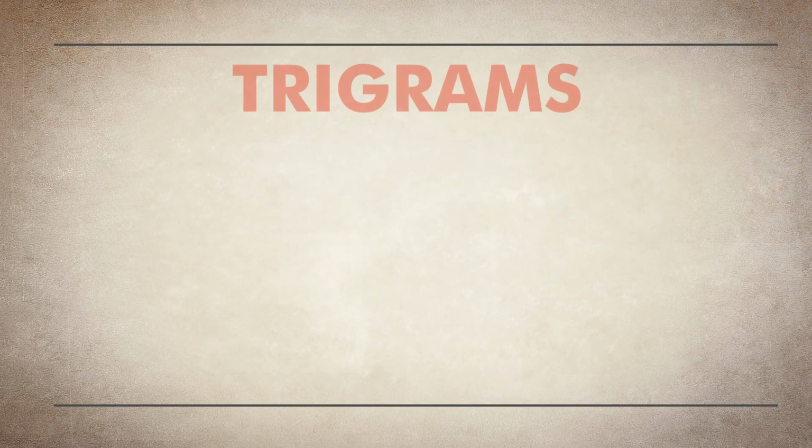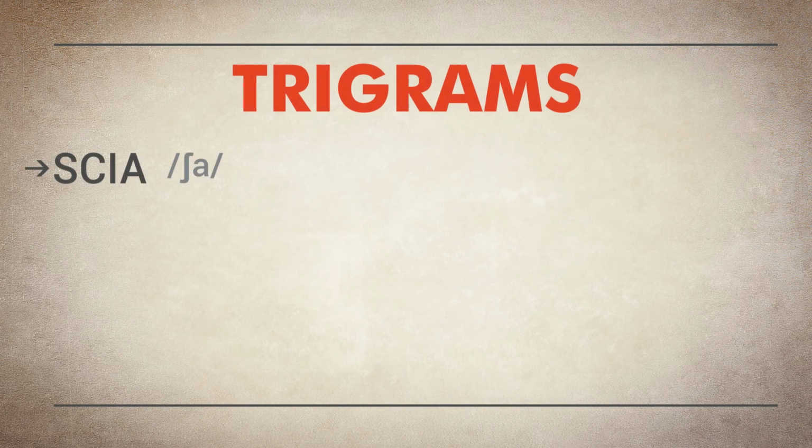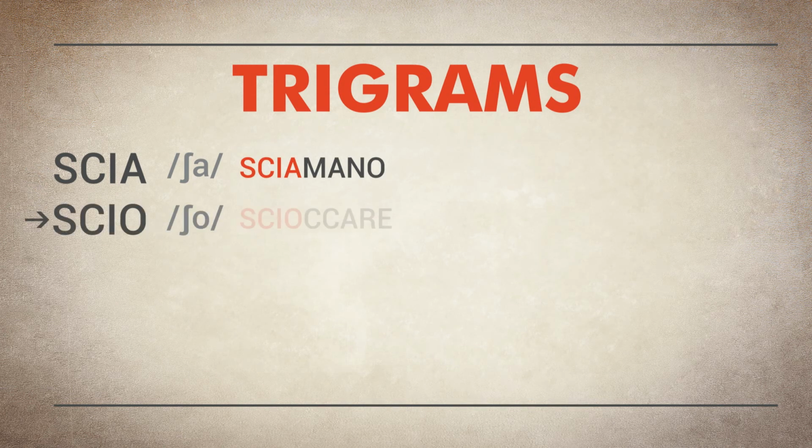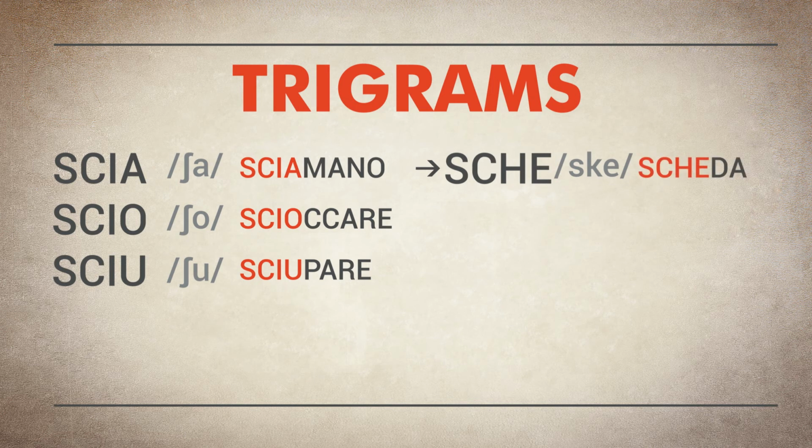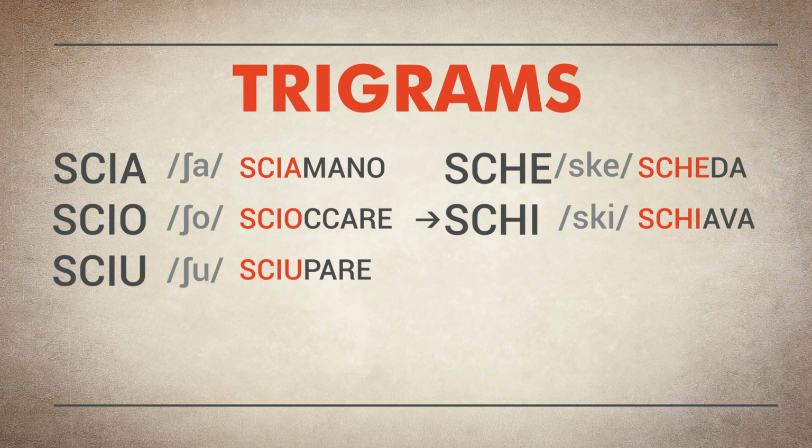Then we have trigrams scia, sciamano, scio, scioccare, sciu, sciupare, sche, scheda, schi, schiava. I know this may seem a little bit hard in the beginning, but I'm sure you'll get it as soon as you start learning your new Italian words.